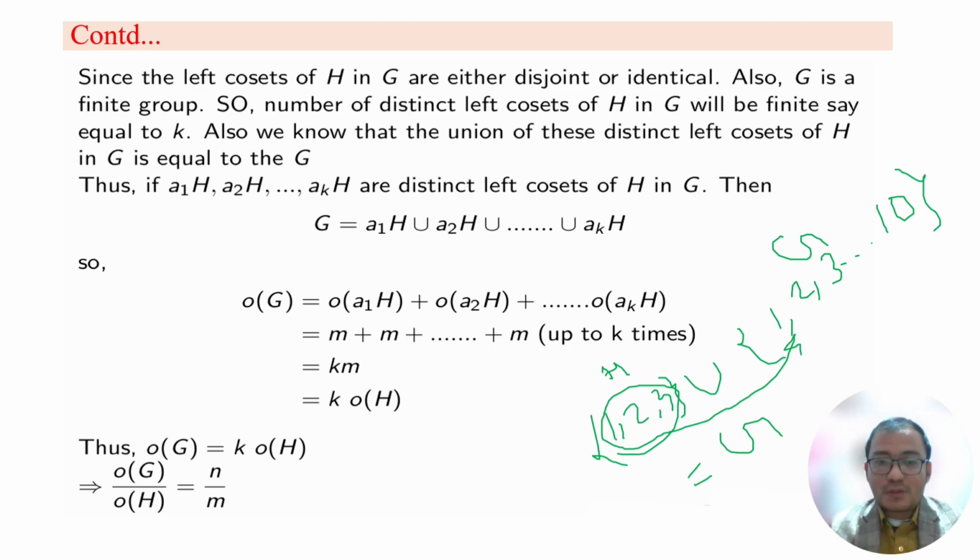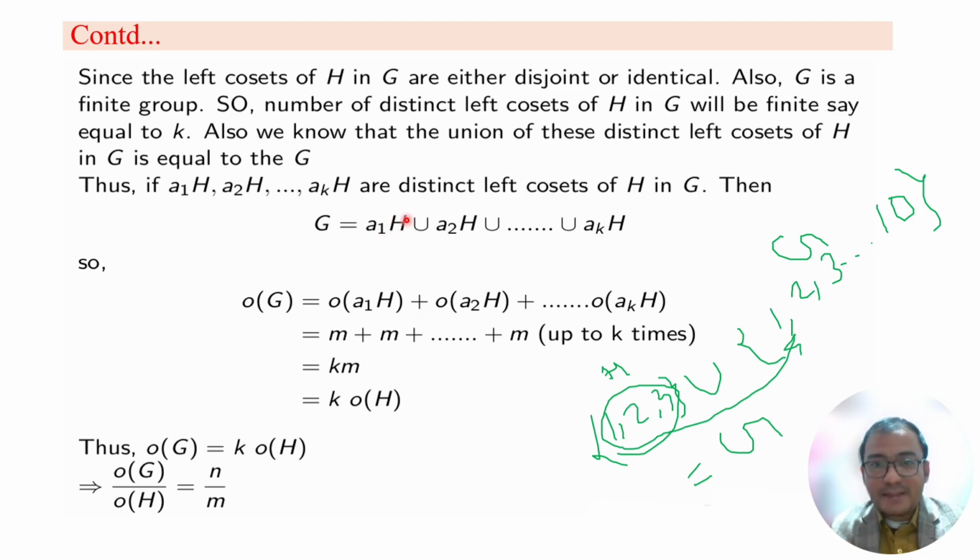Okay, so let's see now. As we know, here G is equal to the union, taking a1 element from G, doing the operation with the elements of S. The uppercase letter S denotes the subgroup; a group is denoted by a capital letter.